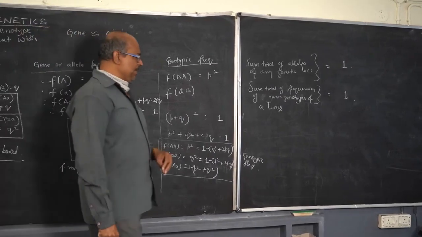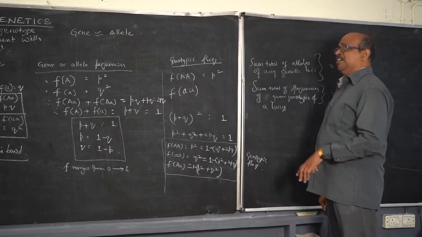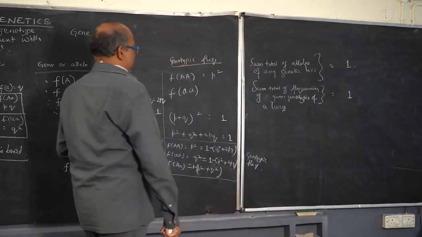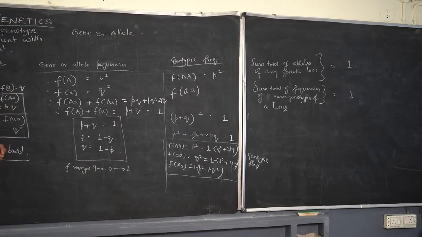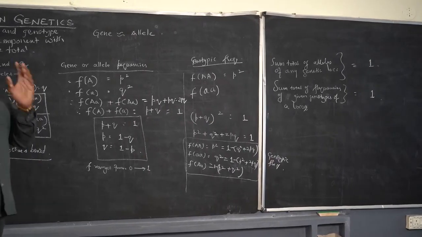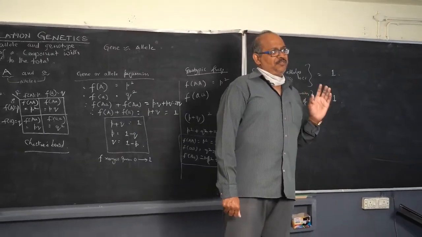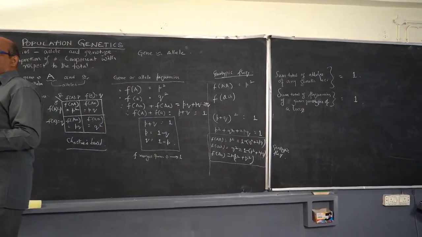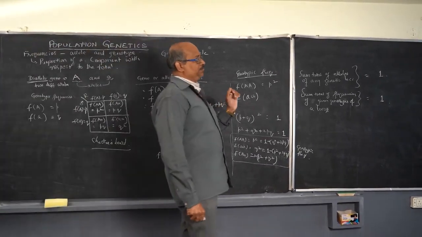We also got the genotypic frequencies that are based on the allele frequencies. In both the cases, the concept is the sum total of allele frequency will be equal to 1. Sum total of genotypic frequencies will be equal to 1.